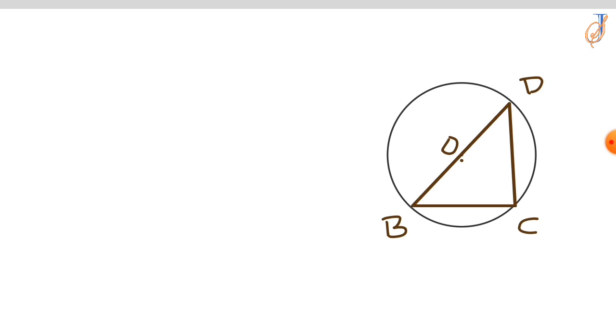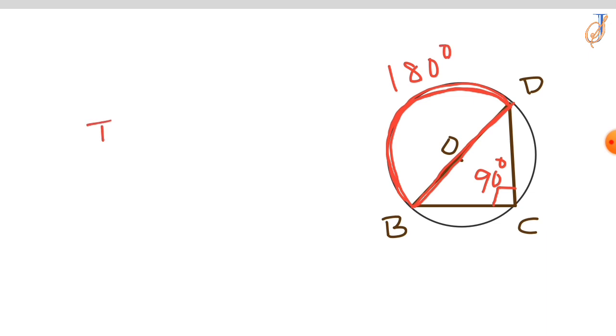Now observe here. This BD is nothing but an arc, and C is an inscribed angle. So according to the inscribed angle theorem, the inscribed angle in a semicircle is a right angle, because in a semicircle the arc is 180 degrees. And we know that the inscribed angle is equal to half of the arc, isn't it?